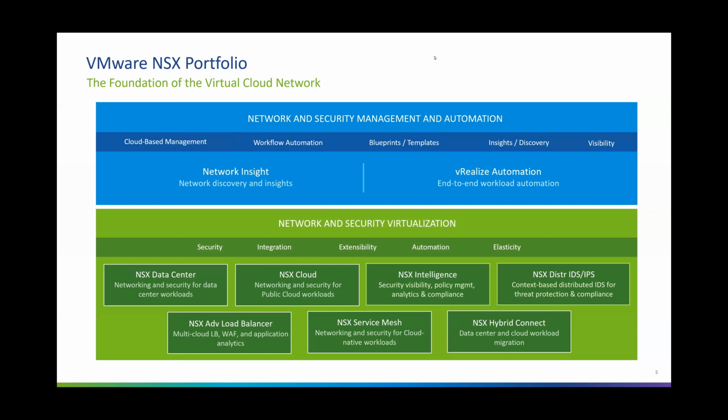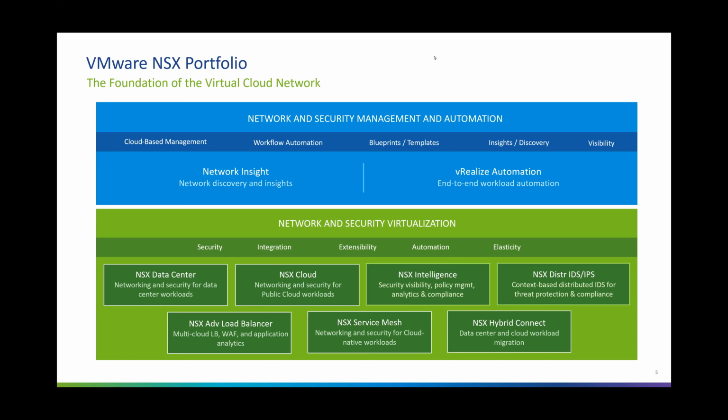But more than that, all the new development features that are taking place in NSX are taking place in NSX-T. And if you look at this graphic, it shows you the VMware NSX portfolio. We can actually see you have NSX Data Center, which is the core product that would work in your on-prem data center. There's NSX Cloud, which helps you extend NSX capability to native cloud platforms like AWS or Azure.